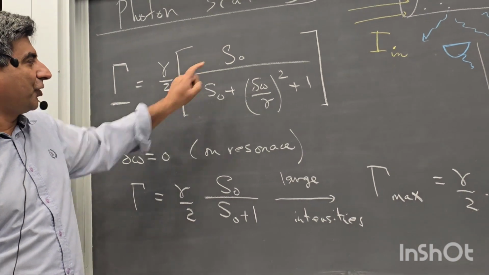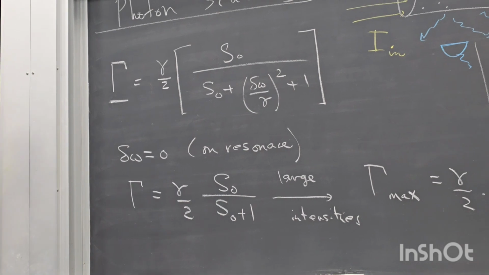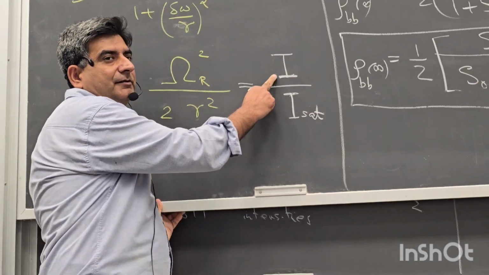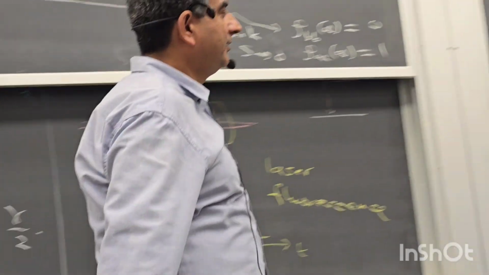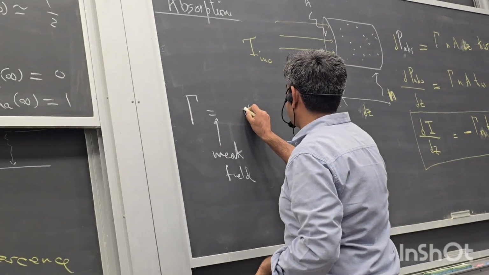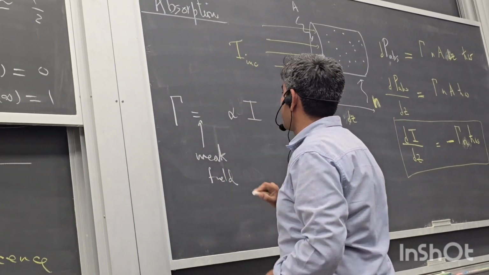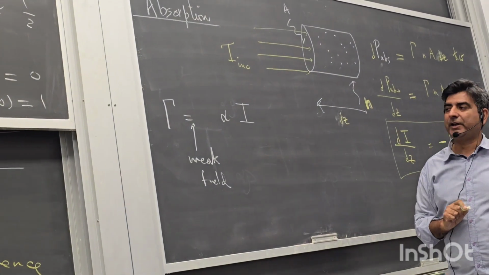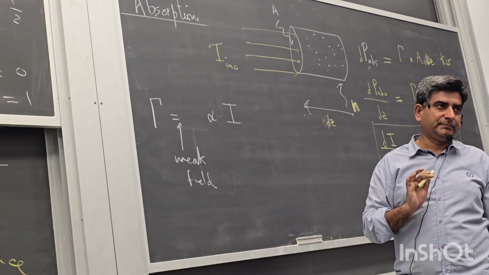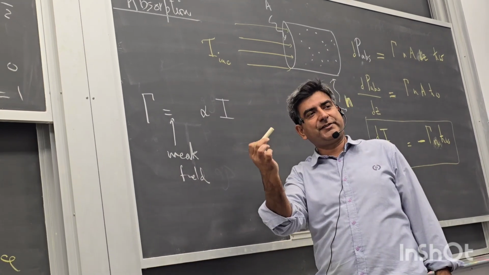And we know that S naught is proportional to an intensity. So in the weak field limit, this is proportional, with some constant of proportionality alpha, to the intensity. In the weak field limit, the photon scattering rate is proportional to the intensity.